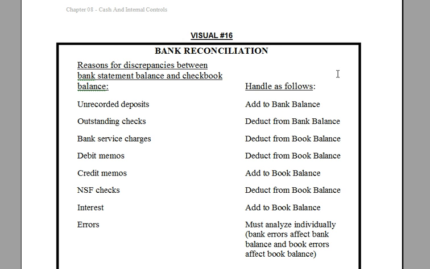It's either going to affect the bank balance or the book balance. And again, any discrepancies that you can identify for errors found in checks that have cleared for the wrong amount, deposits that were not entered right, it's going to determine how you're going to reconcile those records.